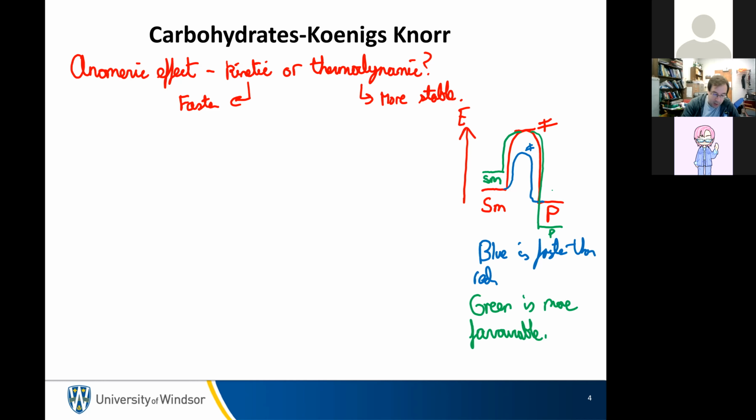Okay, so I'm going to draw something that we might want to do, coming back to this, still on the Koenigs-Knorr. So we're just using this as a forum for discussion. Same starting material. What I'm going to do now is treat this with a different nucleophile.